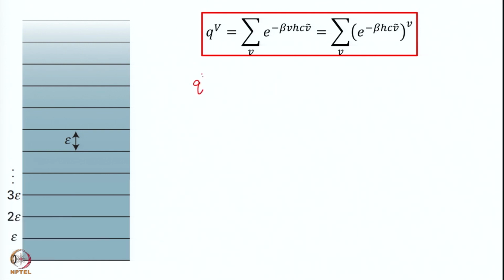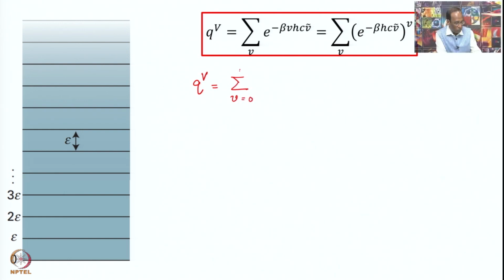QV is equal to summation V from 0 to infinity of exponential minus V beta h c nu bar, which you can write as written above, or if you do not want, you can leave it as such.